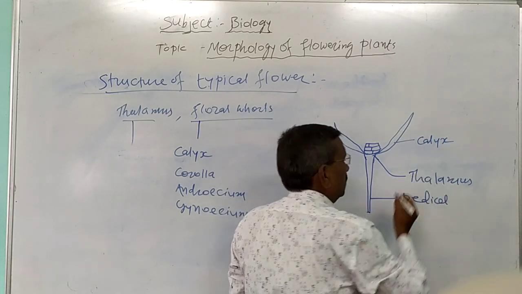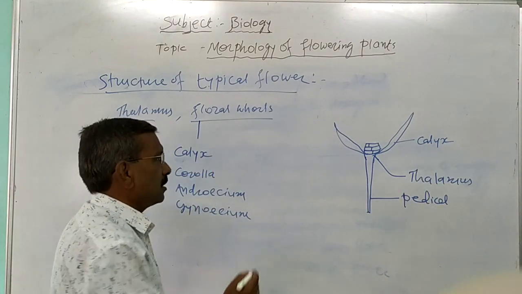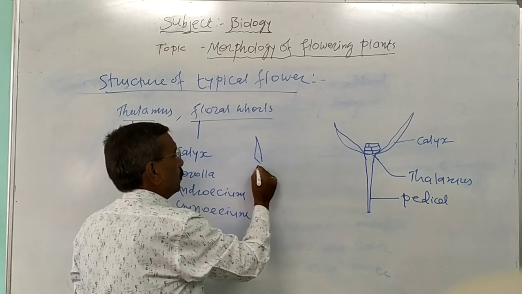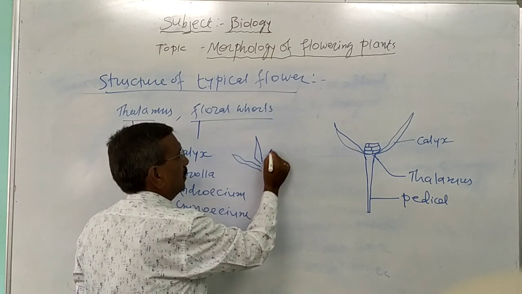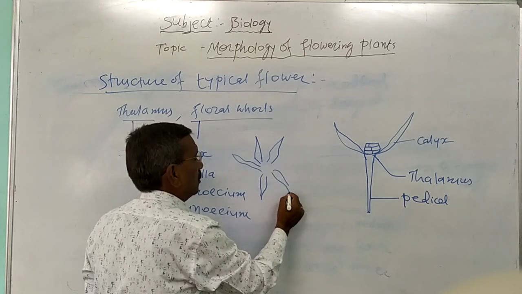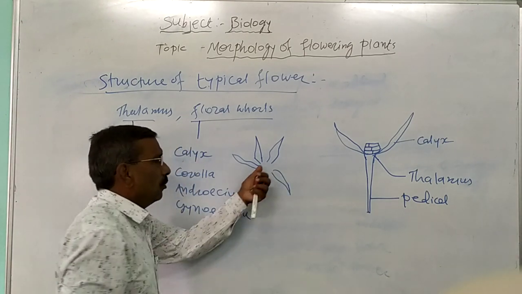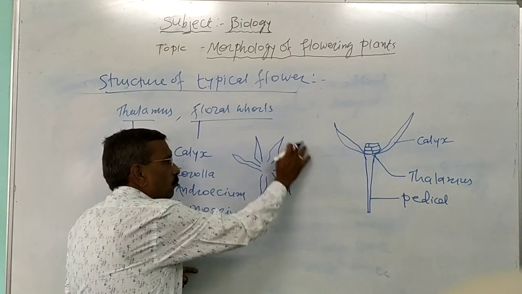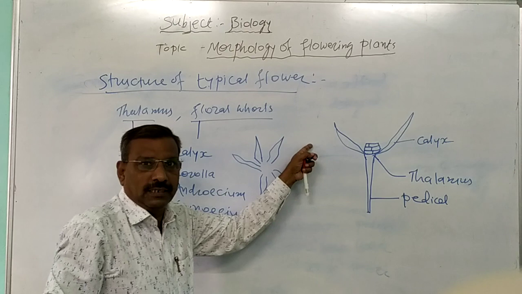The unit of the calyx is a sepal. Suppose this is one sepal of the calyx. This one is the second sepal of the calyx, a third sepal, then a fourth sepal, and this one is a fifth sepal. The unit of the calyx is known as a sepal. All these 5 sepals together form a calyx.